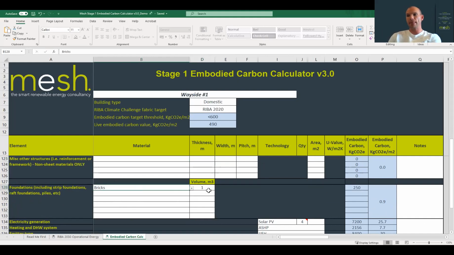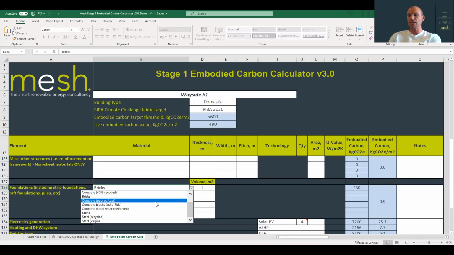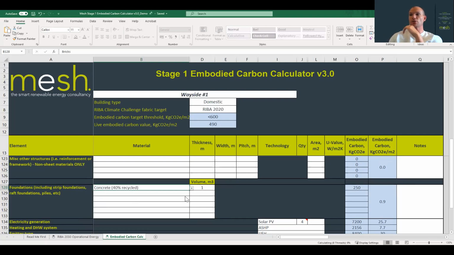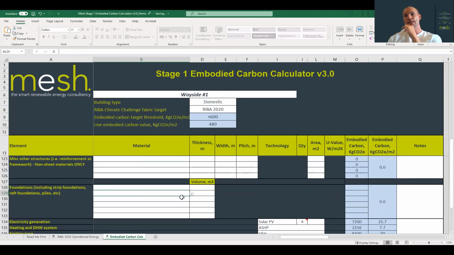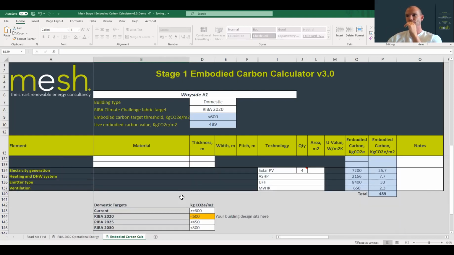This particular building actually had a raft, but if you chose, let's say, recycled concrete, and you had a couple of concrete mixer loads, 16 cubes of concrete going in, you put in 16 into the footings, and it tells you what your embodied carbon value is and its contribution. So you can put in or take out whatever's relevant. And that is really the fabric of the building done.